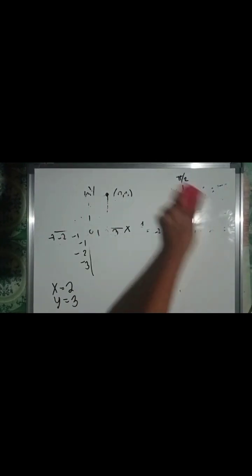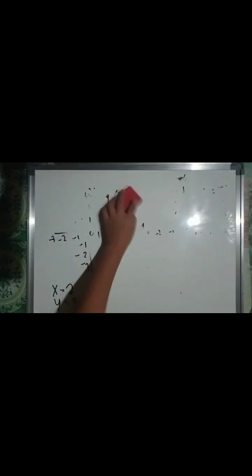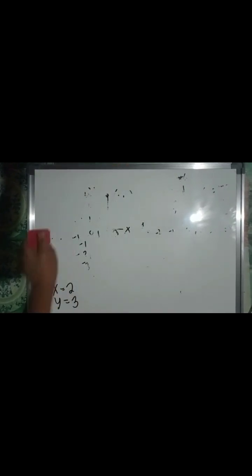Since you already have a grasp of the difference between the polar coordinate system and the rectangular coordinate system, you may wonder how to convert polar coordinates to rectangular coordinates and vice versa.